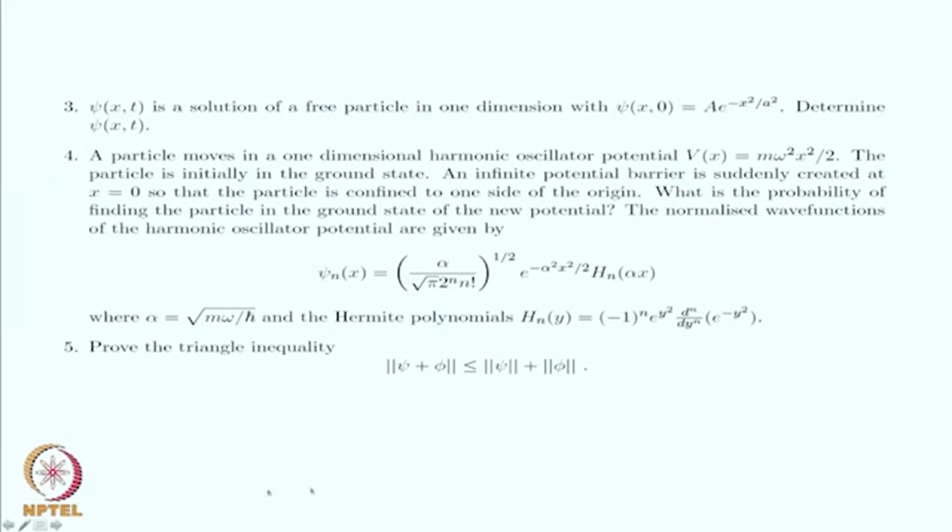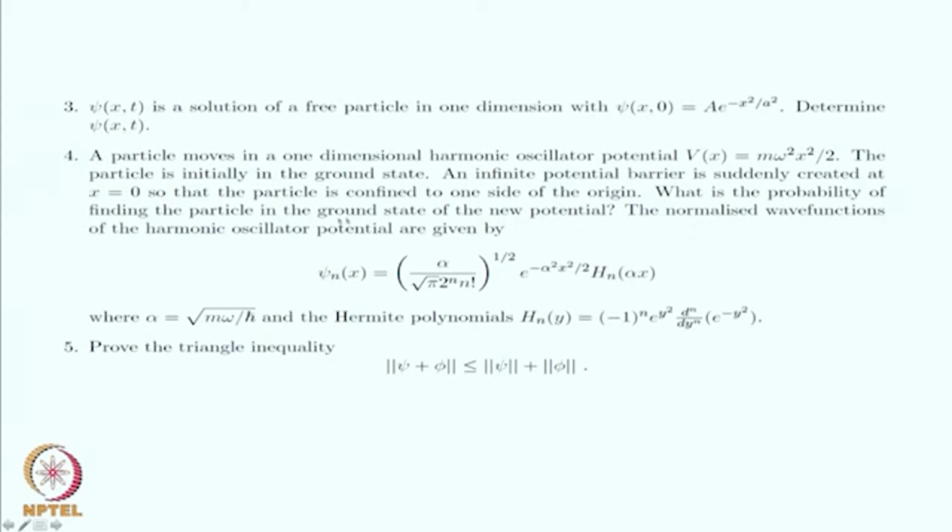So, at x equal to 0 there is an infinite potential. We can expect that for x less than 0 the wave function will be 0, and so the particle is confined to one side of the origin. What is the probability of finding the particle in the ground state of the new potential?